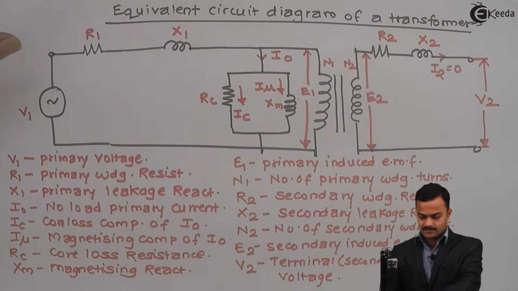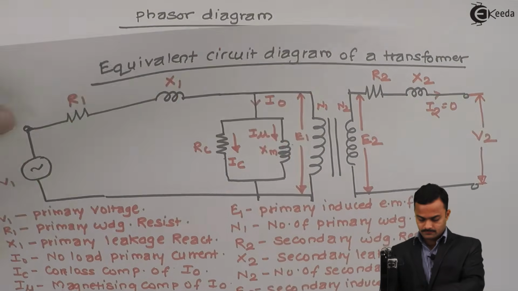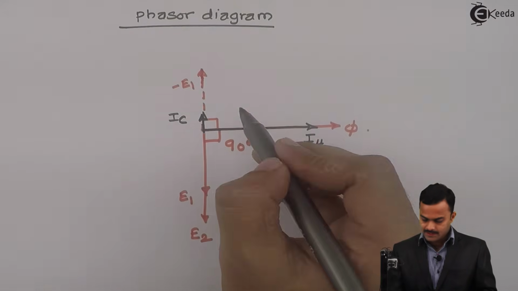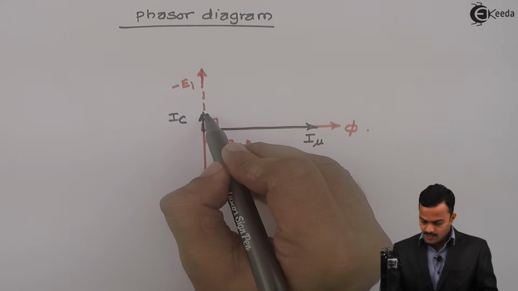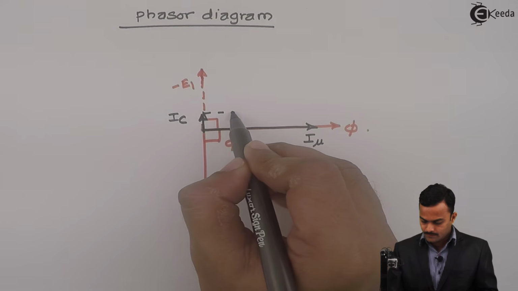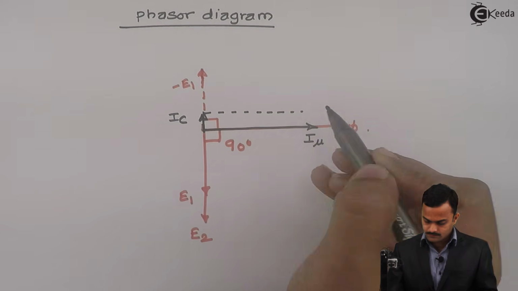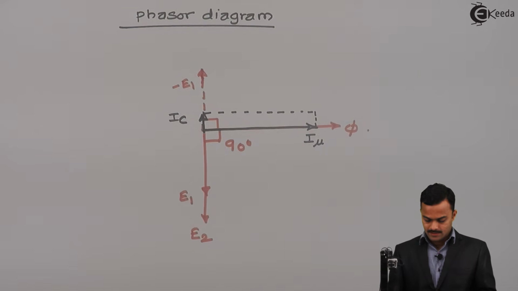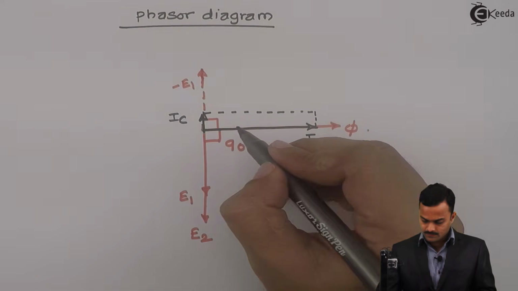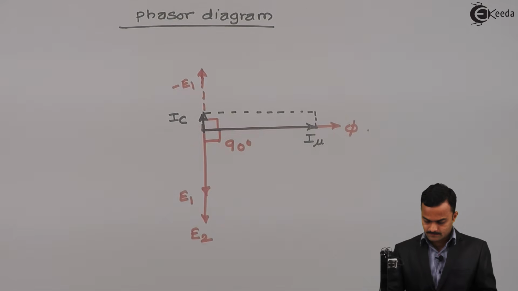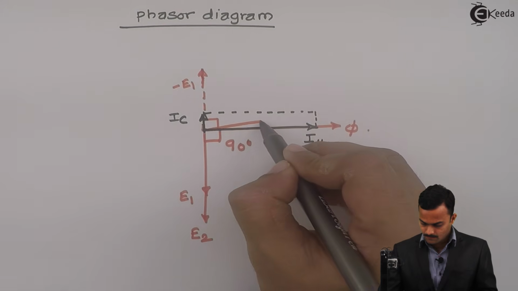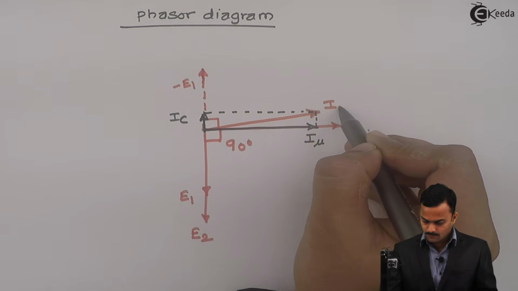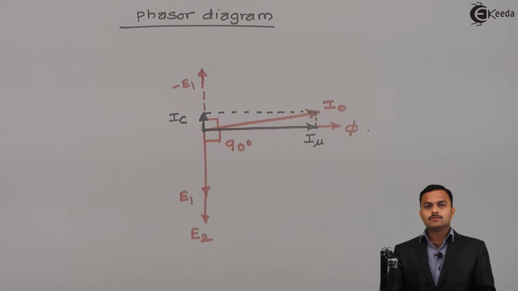Obviously it is a phasor addition. So if I add IC and I mu, I will get current I0 like this, which is the no load primary current.